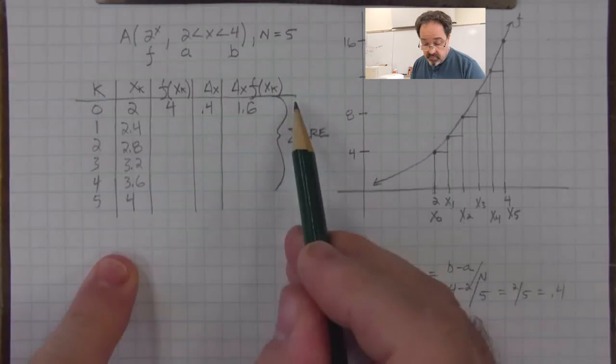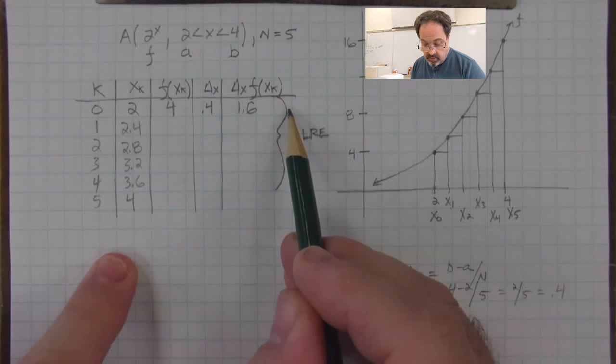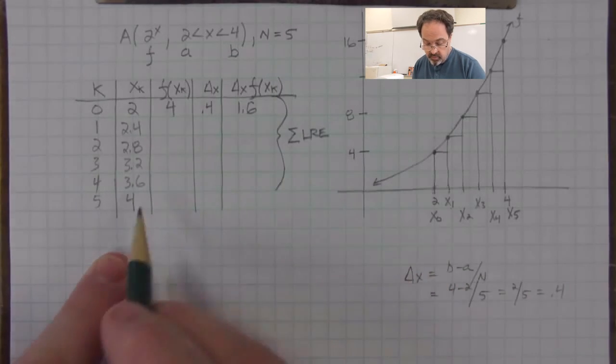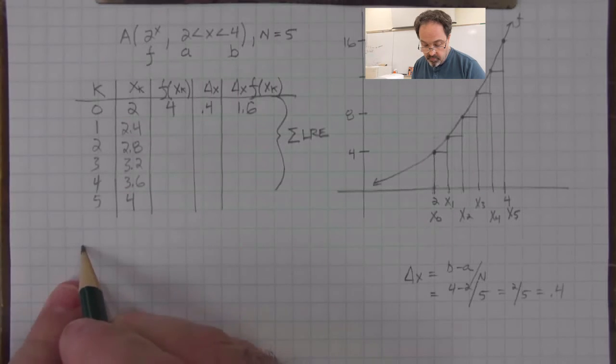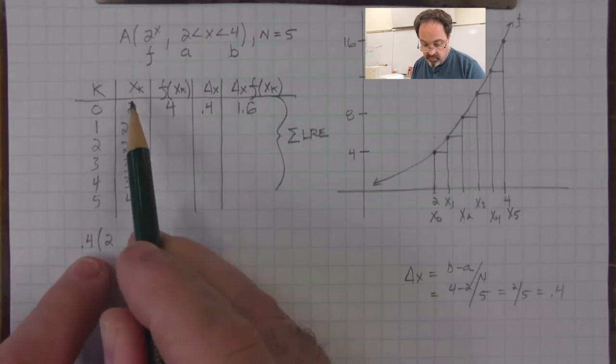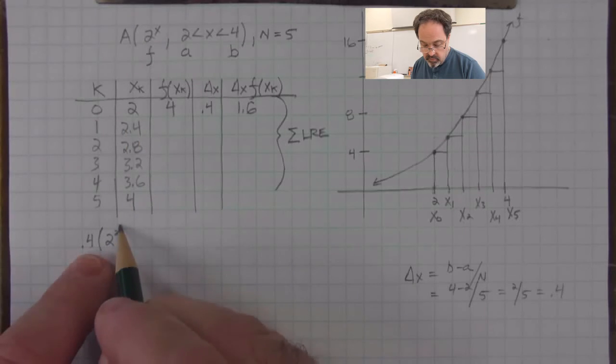So to begin my series, I would repeat what I did for the first. I would multiply the base of 0.4 times the value of the function found at that first location 2.